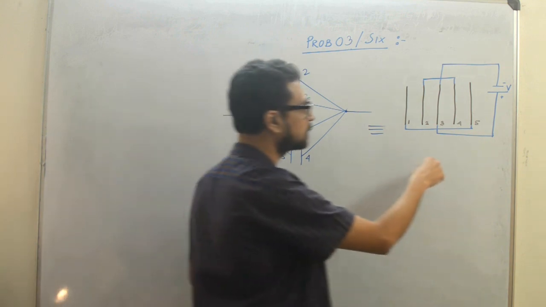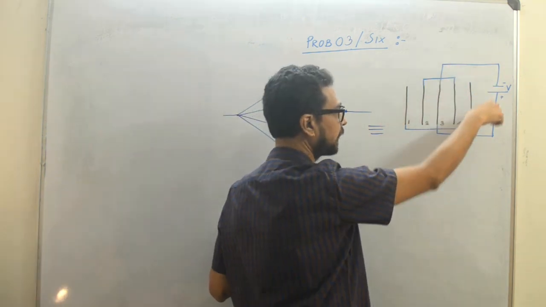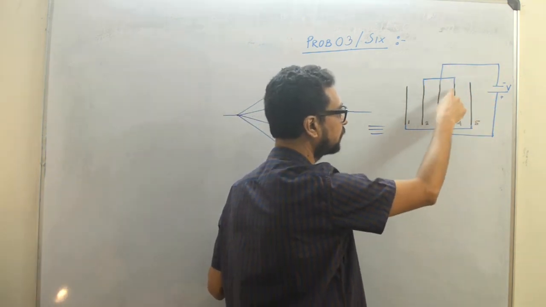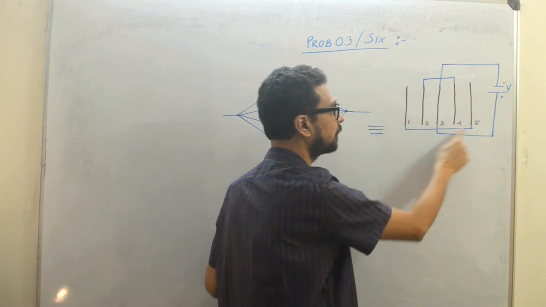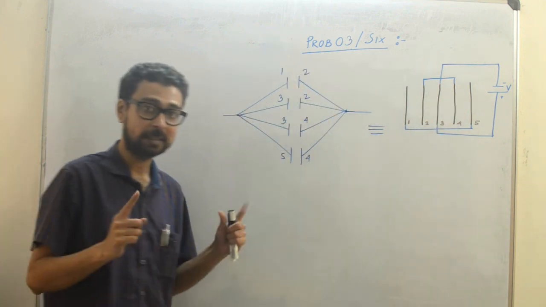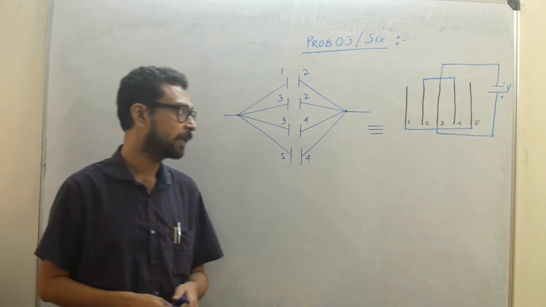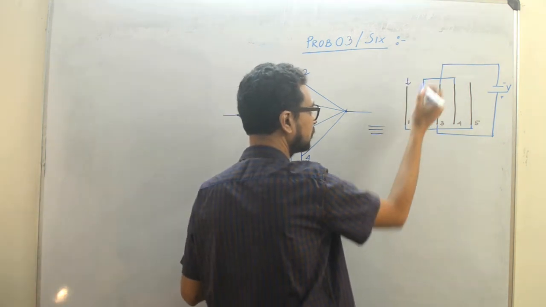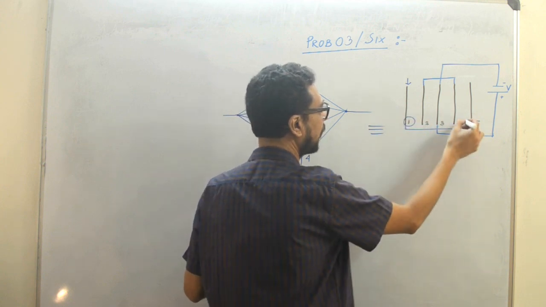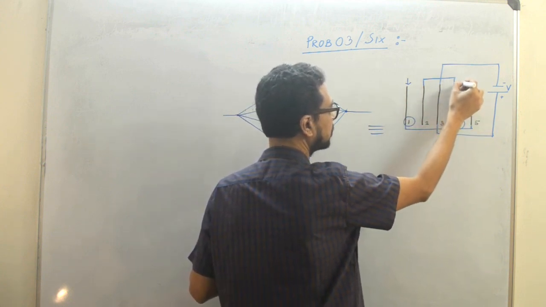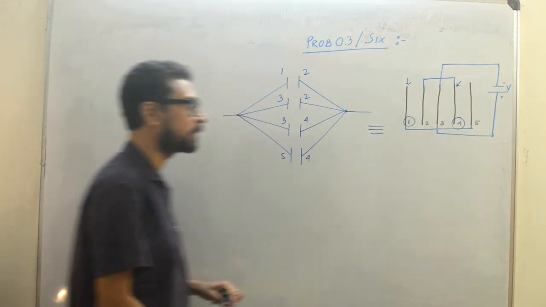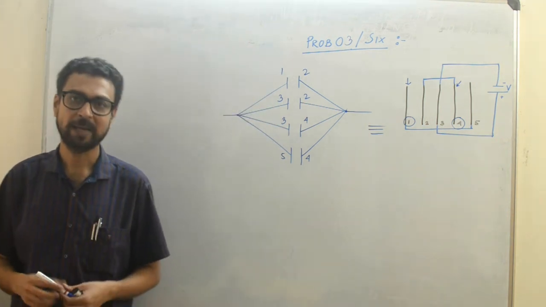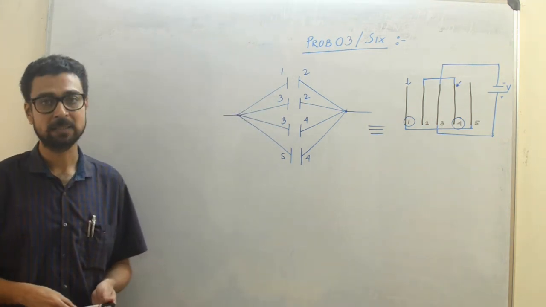I mean, the connection is like 3 is connected directly to the battery, and 2 and 4 are shorted, and 1 and 5 are shorted, they are connected, and they have asked us to find the charge on plate number 1 and the charge on plate number 4. This is the question. Find the charge on plate 1 and plate 4.